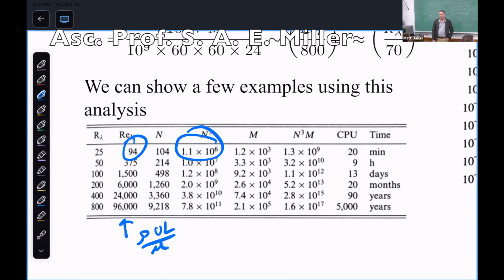Has anybody solved a million by a million by a million problem on their computer lately? I haven't, but that'll take 20 minutes on a computer which is about 10 years old. Now, if my Reynolds number is just under 100,000, with 7.8 times 10 to the 11 grid points in each direction, to resolve this on a single processor will take me 5,000 years.